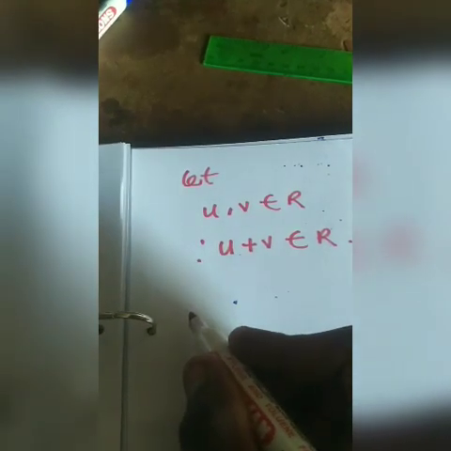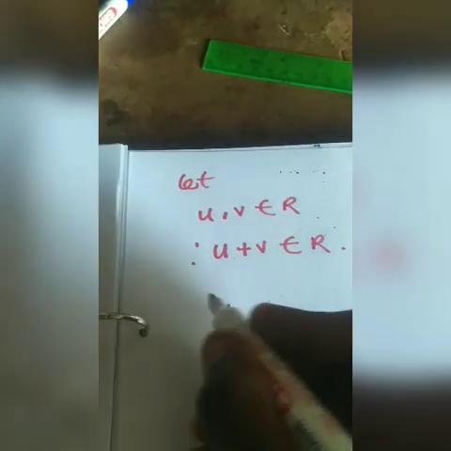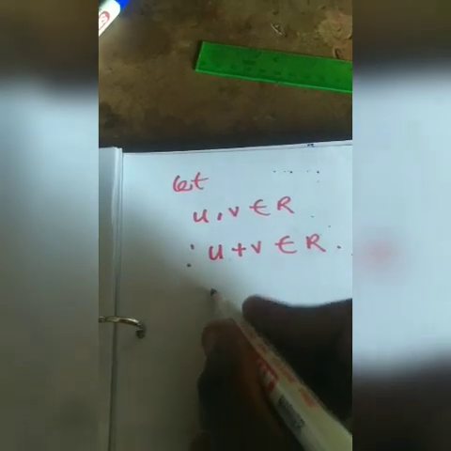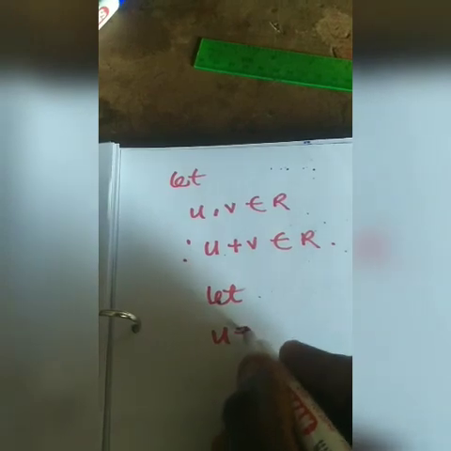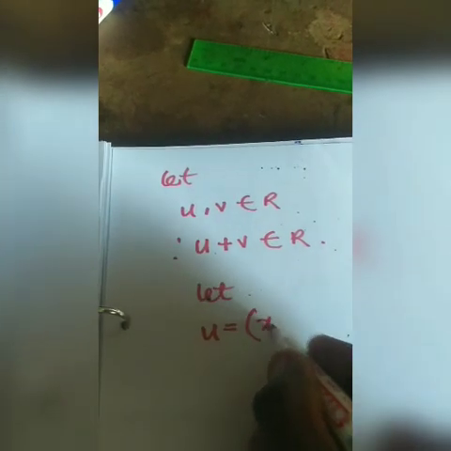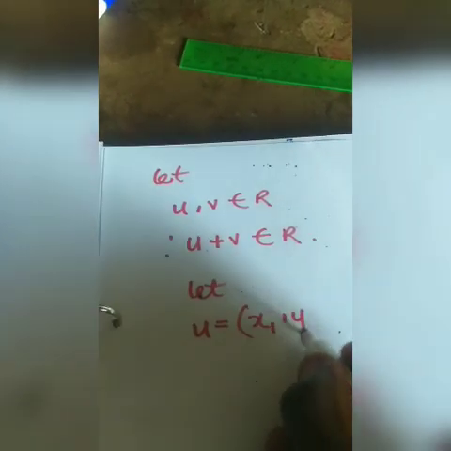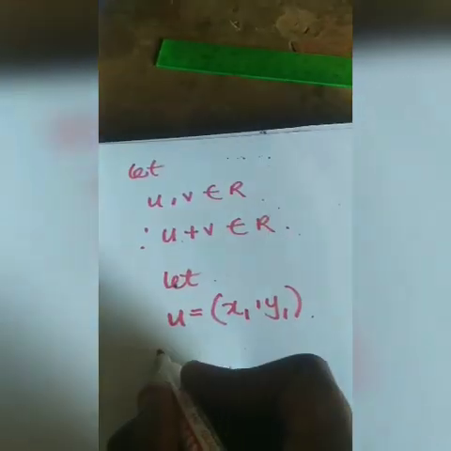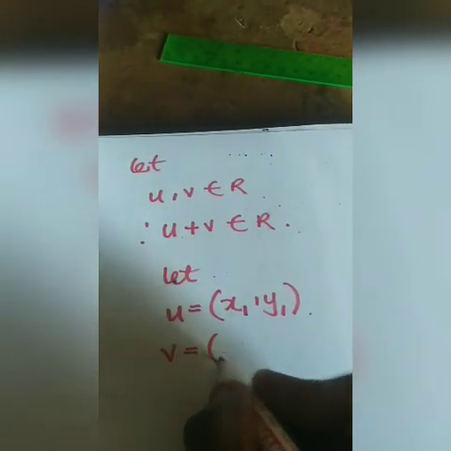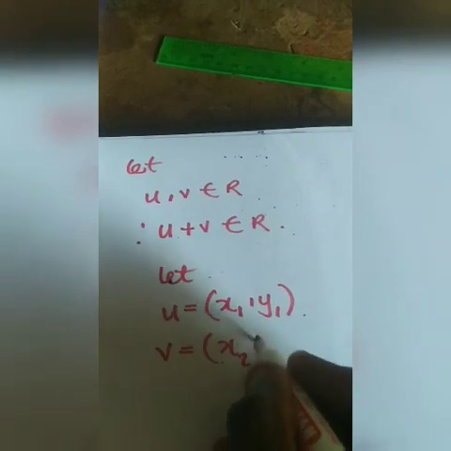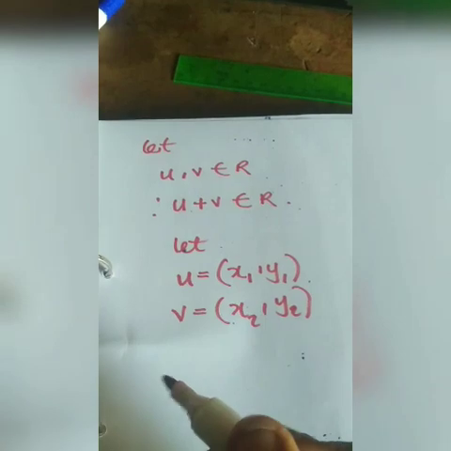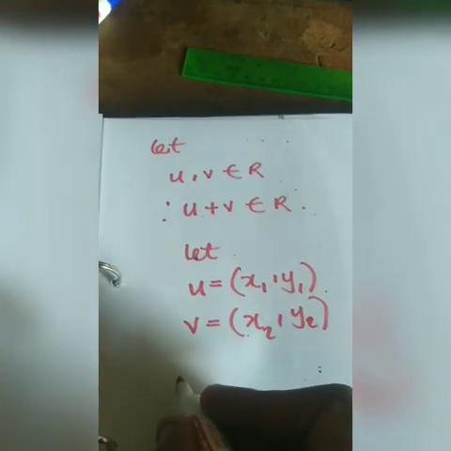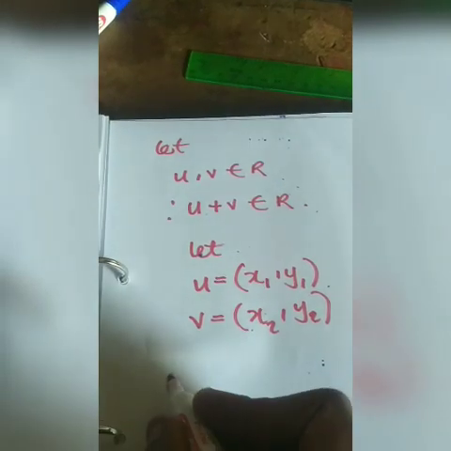So what are we going to do here? We'll let u be equal to x1, y1. Again our v should be x2, y2. When you retouch this point, you satisfy this condition, the addition; the 0 vector is already satisfied.